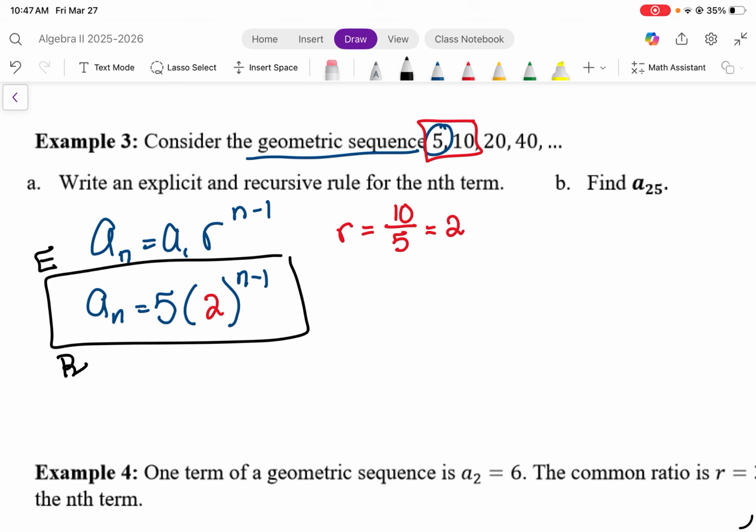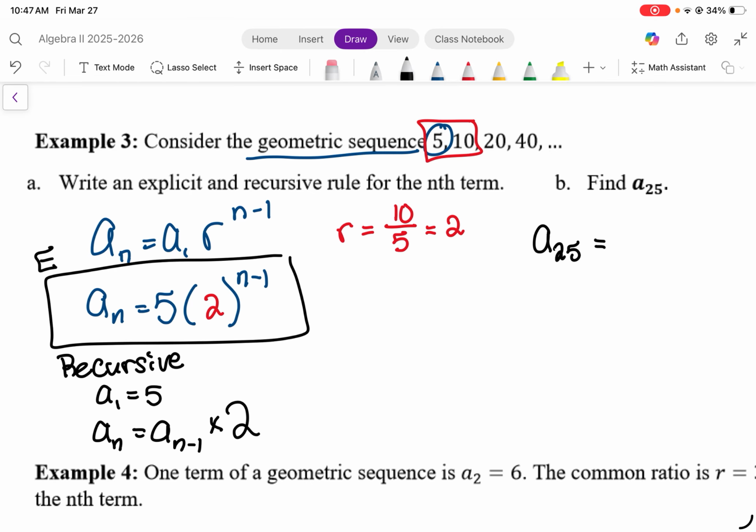Then I'm going to write my recursive. For that, there's two parts. So a sub 1 equals 5. And then I write a sub n equals a sub n minus 1. And then we multiply by what's happening to get to the next term, which in this case is times 2. And when we find a sub 25, we're going to plug it into our explicit rule.